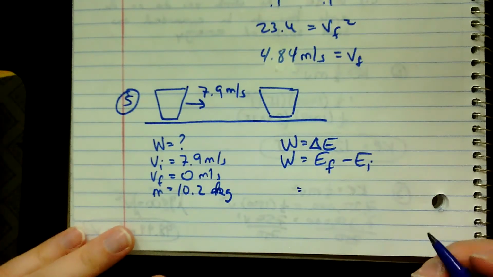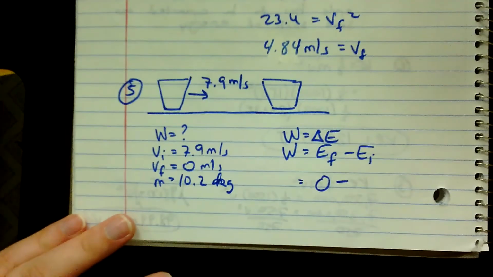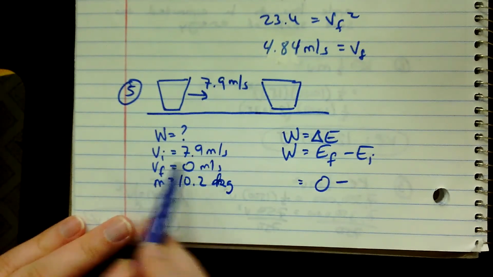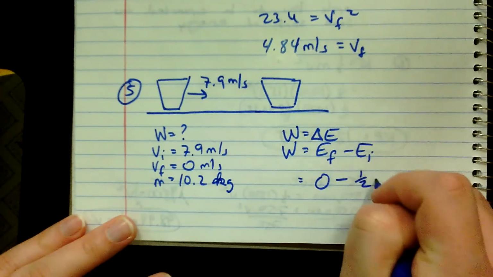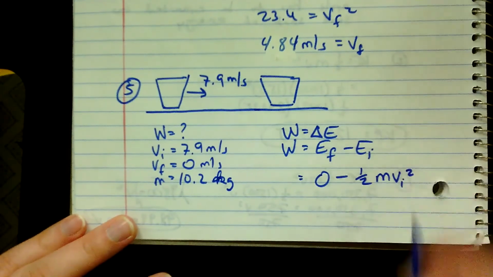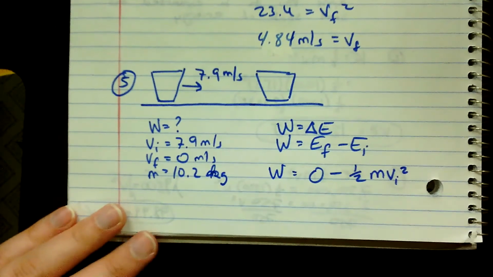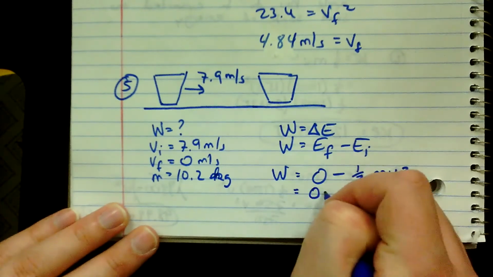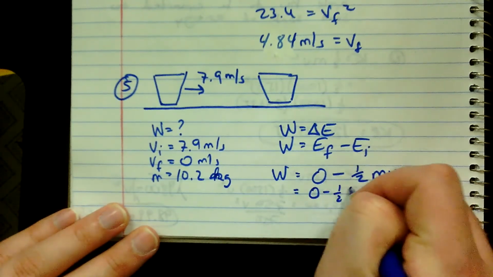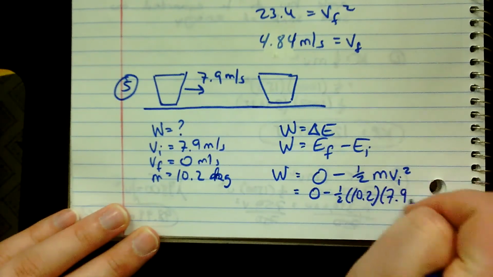What is the final energy? 0. And the initial energy is, well, it's whatever kinetic energy corresponds to 7.9, right? So it's 1/2 mVI squared. When I plug this in, I get 0 minus 1/2 times 10.2 times 7.9 squared.